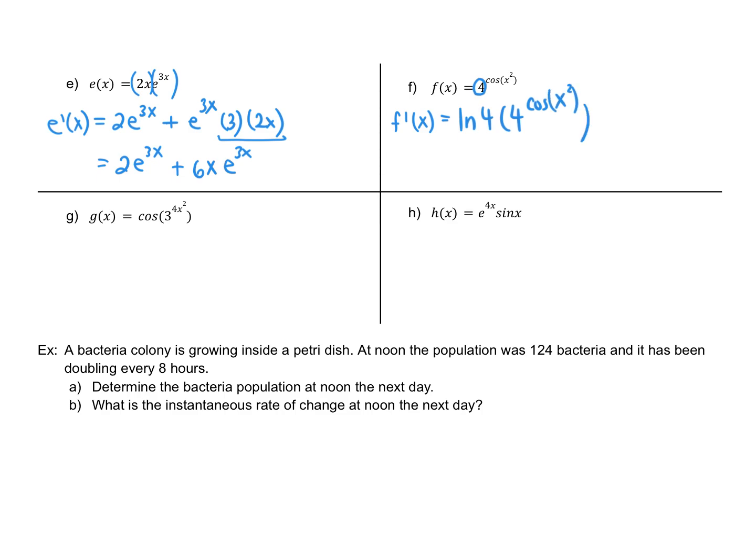Okay, there's the outside. Now I'm going to go to my first inside function, which is I'm taking the derivative of cos of something. The derivative of cos is negative sine of whatever it is you're taking. So here it is. There's me taking the derivative of the outside function of the exponent. But now I also have to take the derivative of the inside, which is 2x.